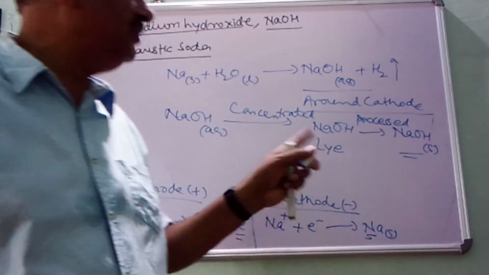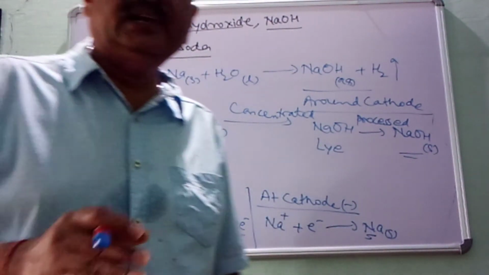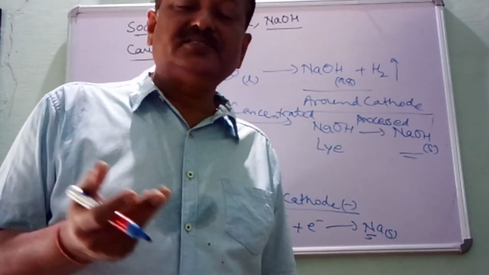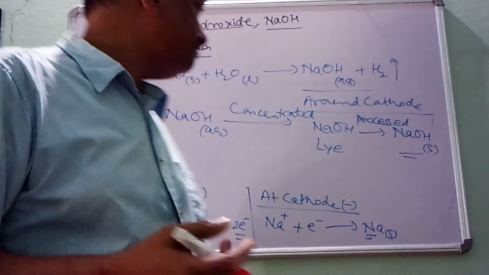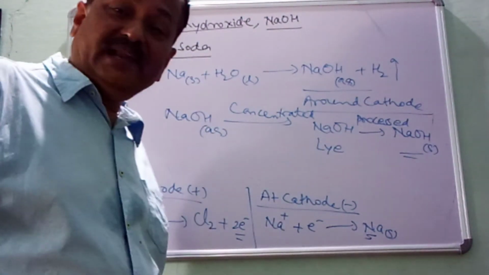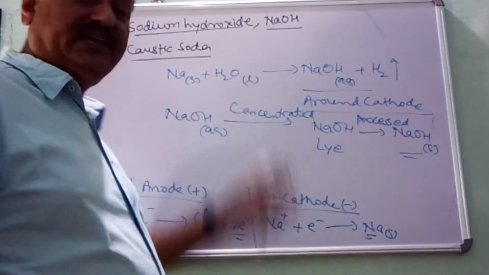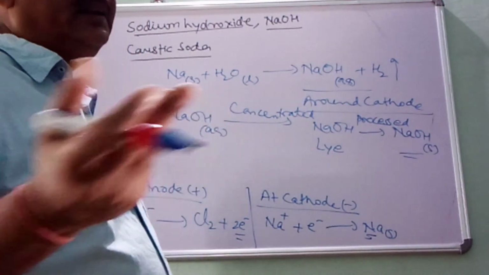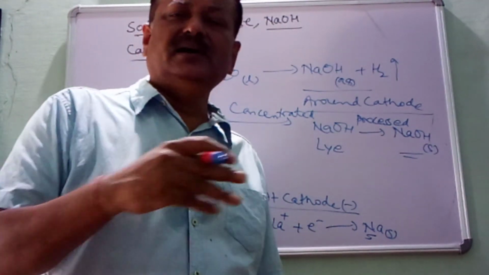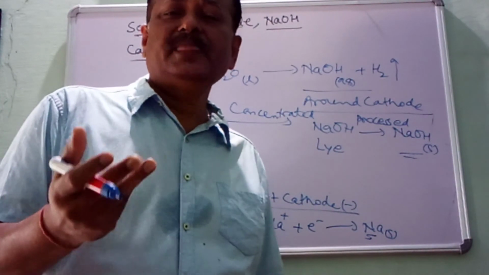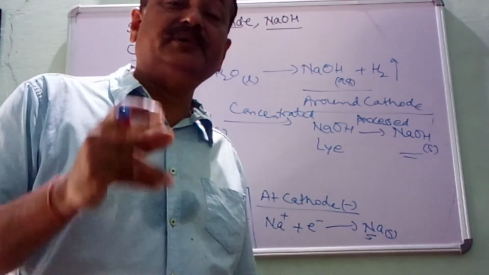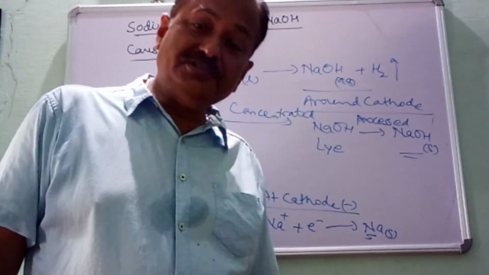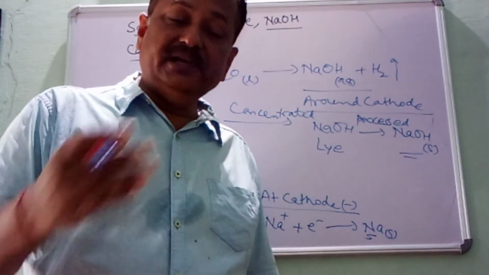Similarly NaOH, because NaOH dissociates completely and there is formation of the highest amount of hydroxyl ions. Now it is corrosive in action. It corrodes, I have said in the beginning. It causes corrosion, so it has corrosive action. In basic reactions, it turns red litmus blue. Now coming to the uses of NaOH.